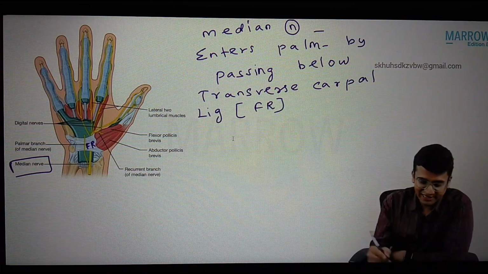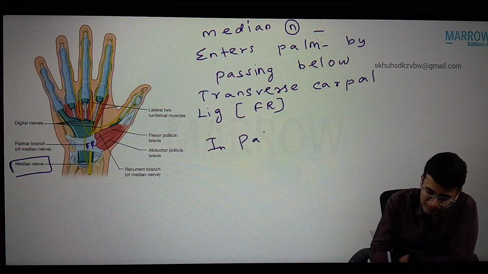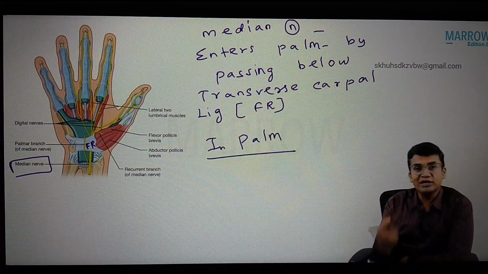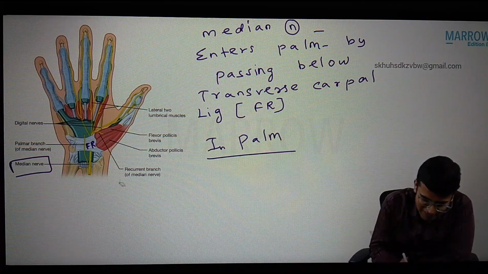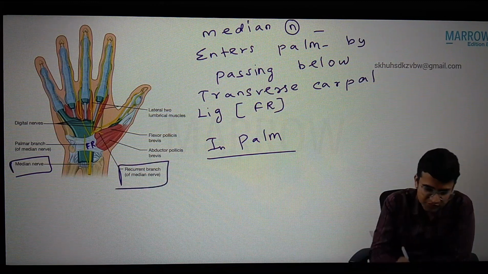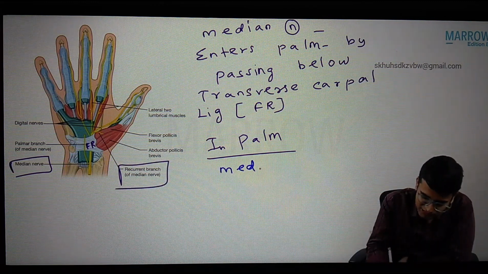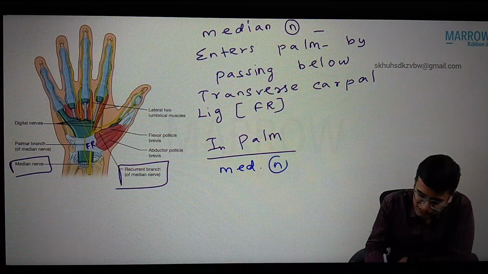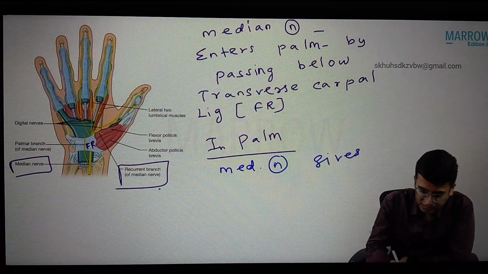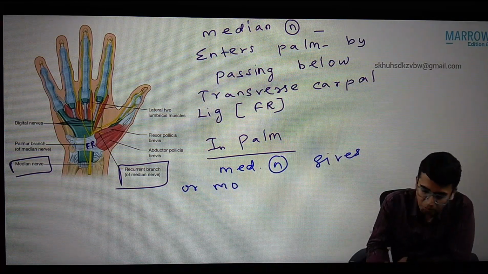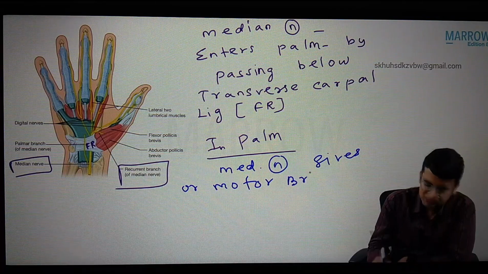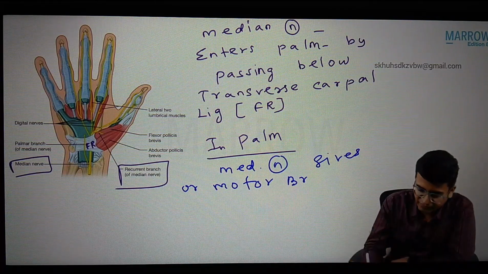After entering the palm, the median nerve gives a motor branch, which is also known as recurrent branch. It supplies some muscles, we will see that.